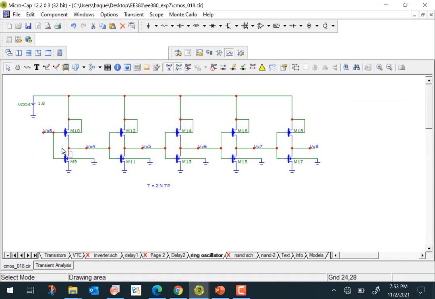They can connect 32 inverters in a chain and then connect the output of the last one back to the input of the first one, and that makes the frequency very easily measurable in the lab. And then all we can do, after measuring the time period, is divide it by 2n, and we get the average propagation delay of the inverter.